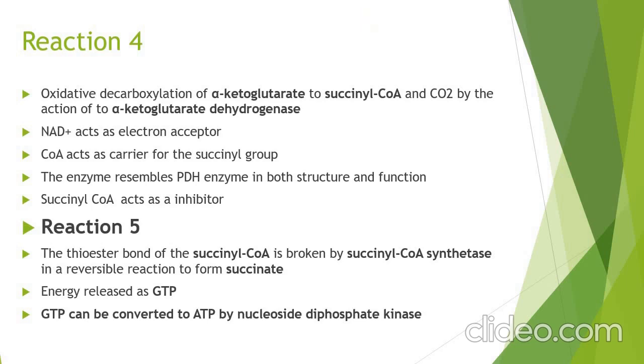NAD+ gets reduced to NADH. And then the fourth reaction is where the alpha ketoglutarate gets converted to succinyl-CoA, and this is catalyzed by the enzyme alpha ketoglutarate dehydrogenase. Here again one more molecule of carbon dioxide is removed, and since this is a dehydrogenase enzyme, it again loses an electron, which is accepted by NAD+, which serves as the electron acceptor.